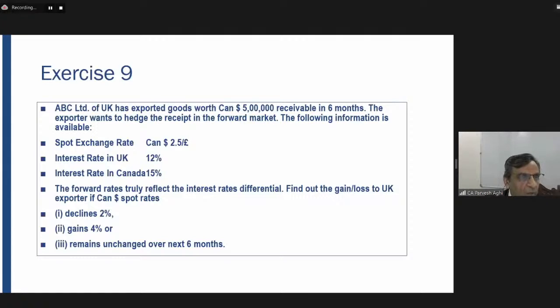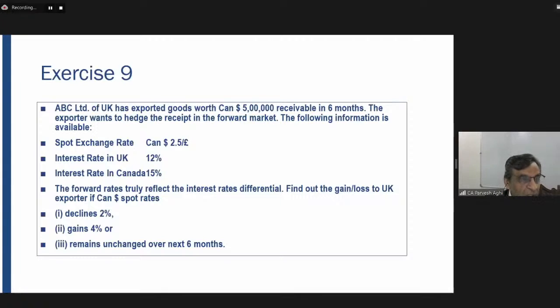From this information we can know that the UK currency will appreciate by roughly 3% in one year's time because of this interest rate differential. A country which has a low interest rate will always trade at a premium compared to the country with a high interest rate. So either the pound appreciates by roughly 3% over the year, or the Canadian dollar depreciates.